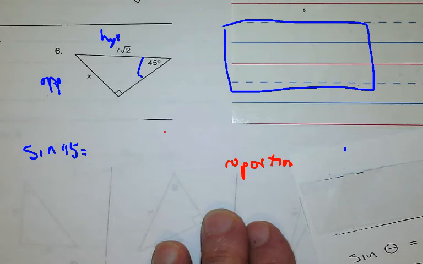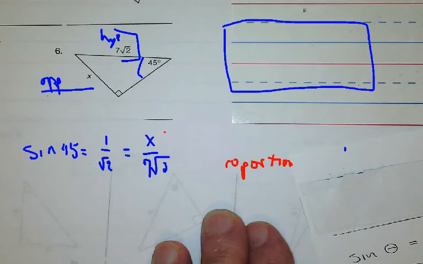Now, if you look back on your little sheet that we had, sine of 45 is 1 divided by the square root of 2. Now, what's that equal to? The opposite divided by the hypotenuse, right? So x divided by 7 radical 2. Cross multiply. 7 times 1, that's just 7 radical 2.